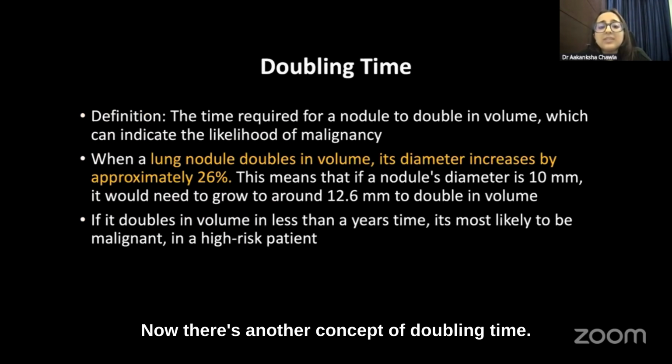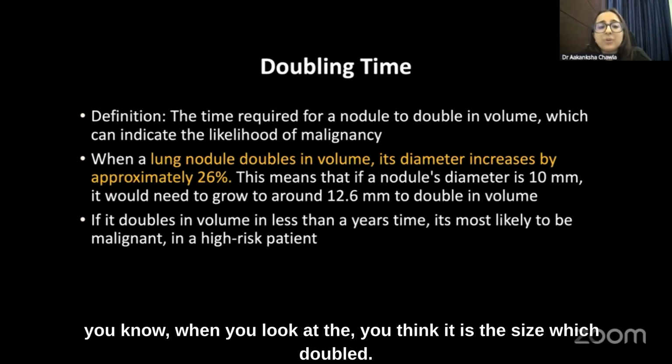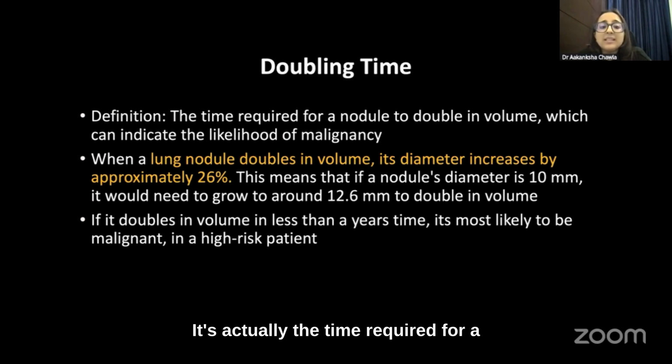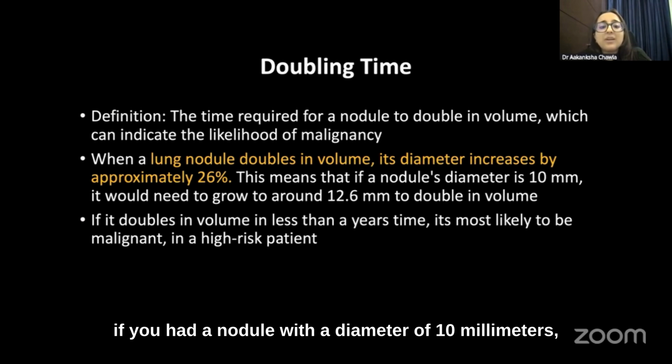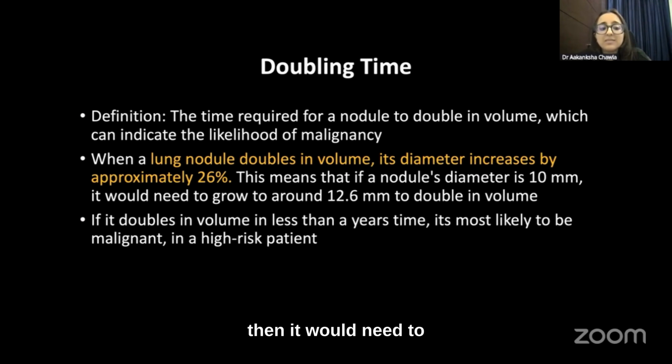Now, there's another concept of doubling time. Often, when you look at the name, you think it is the size which is doubled. It's actually the time required for a nodule to double in volume, which can indicate the likelihood of malignancy. When a lung nodule doubles in volume, its diameter increases by approximately 26%. For example, if you had a nodule with a diameter of 10 millimeters, it would need to grow to around 12.6 millimeters to double in volume.